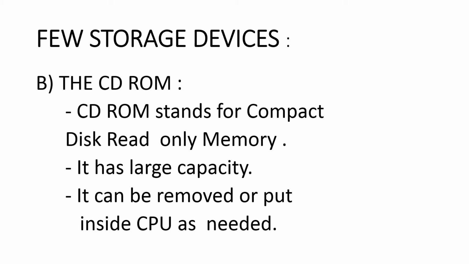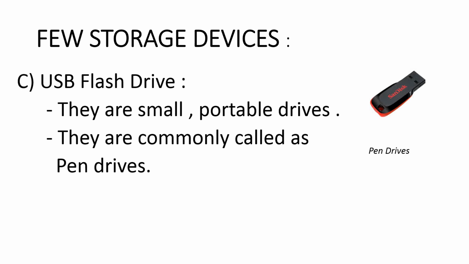Now, the third device that we are going to see is the USB flash drive. These are the smallest and portable drives. Portable means you can carry this device to whichever place you want. A hard disk you cannot carry anywhere because it is already fixed inside the CPU.